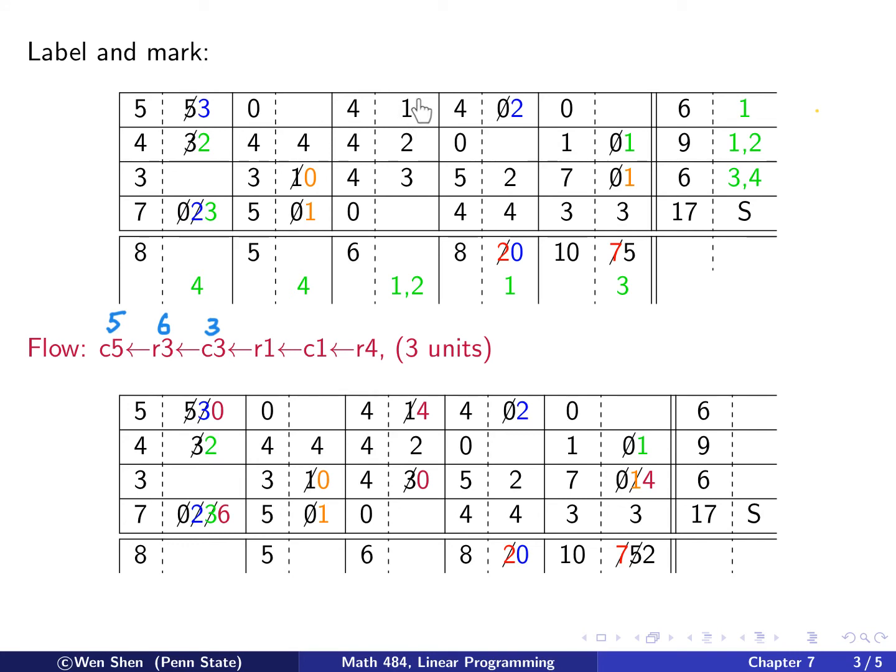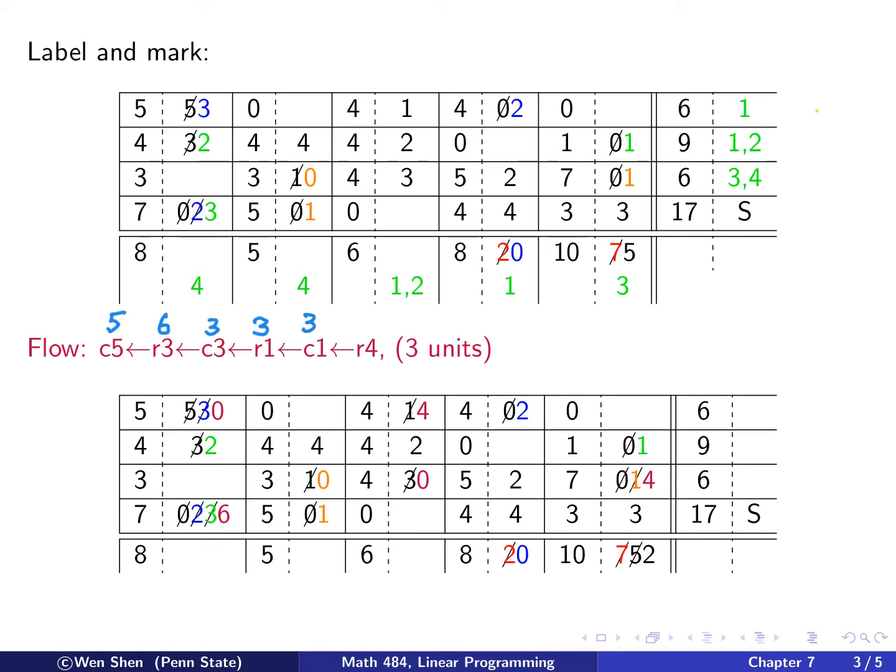R1 is here. The maximum amount I can increase is 3, because 4 minus 1 is 3. So let's label that. Then the next is column 1, this one here. What's the maximum I can decrease here? It's 3, because it has only 3 there.